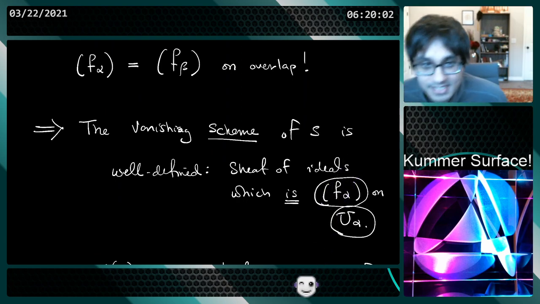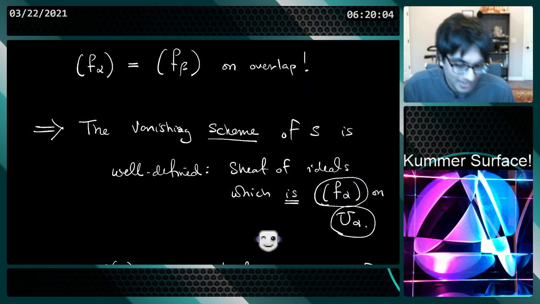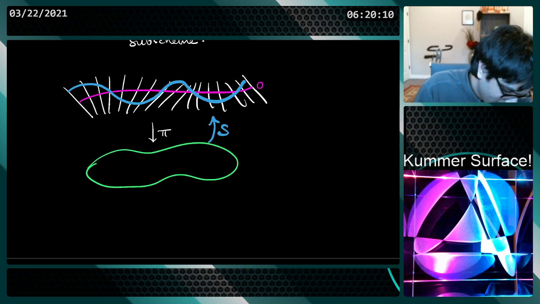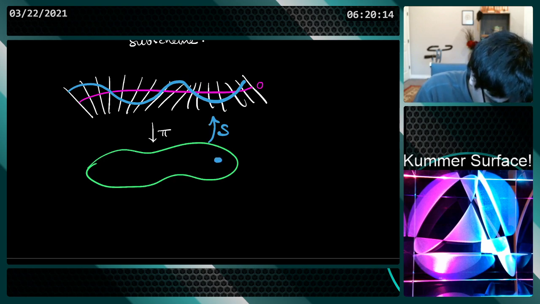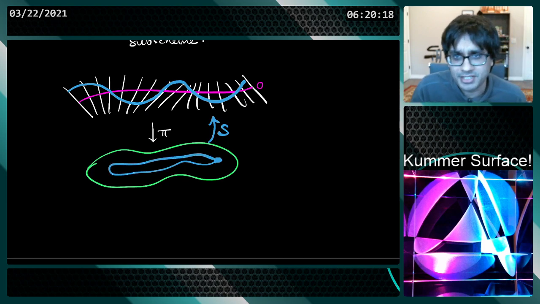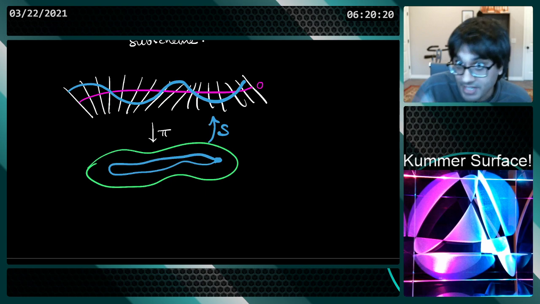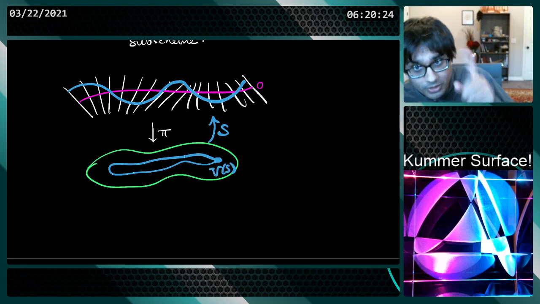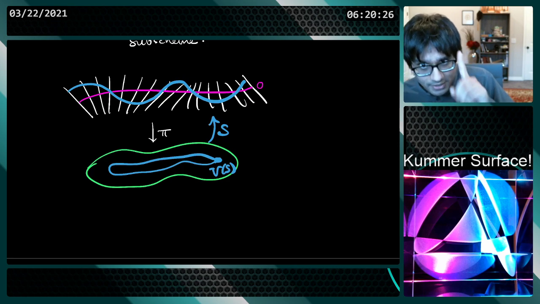Sheaf of ideals instead of ideals. Yes. Okay. So in this little cartoon picture, you see the vanishing scheme will be something like, wherever the dimensions are all off, but you get some vanishing scheme. And it's locally defined by a single equation.